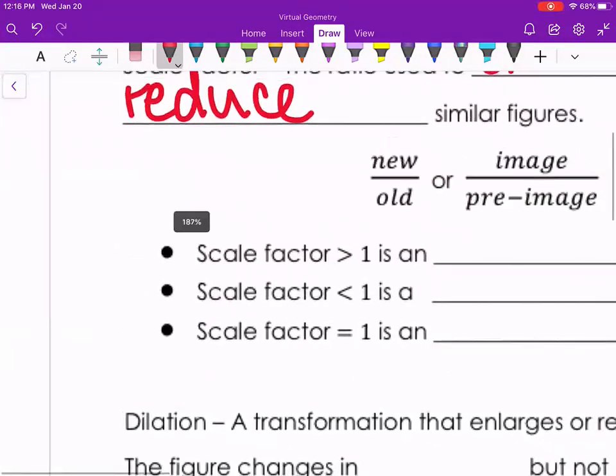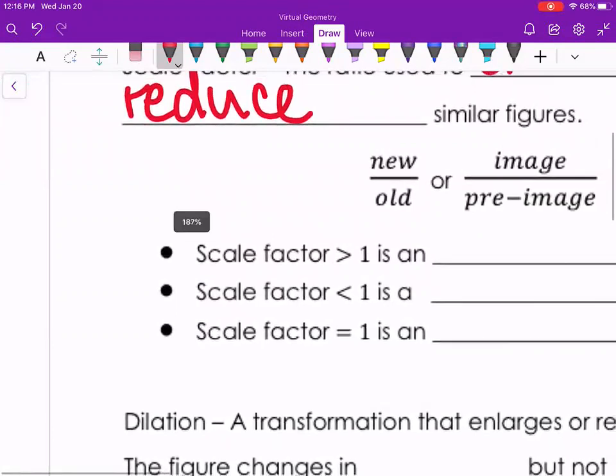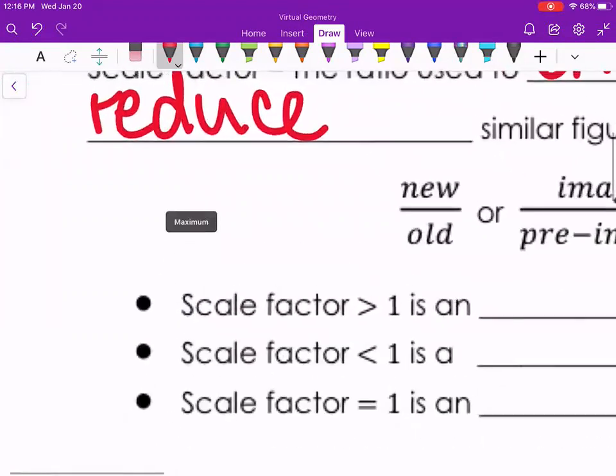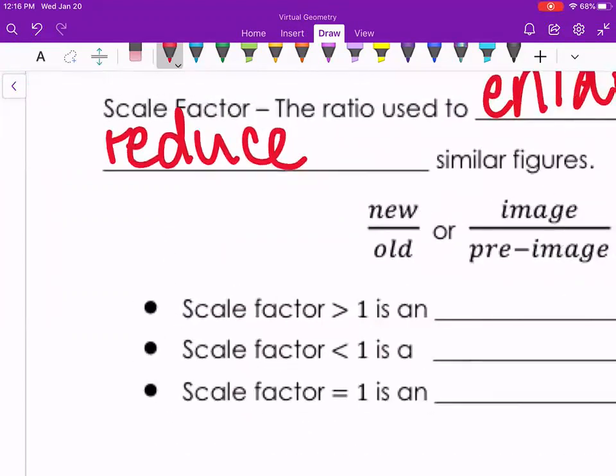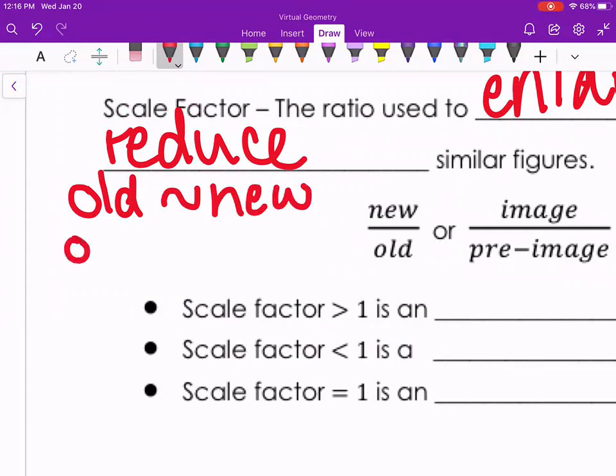We've also seen other ways to write out your different ratios with your similarity statements. A couple of other ways you can remember how these figures are created for these scale factors: the old shape is similar to the new shape, and in words, old to new.